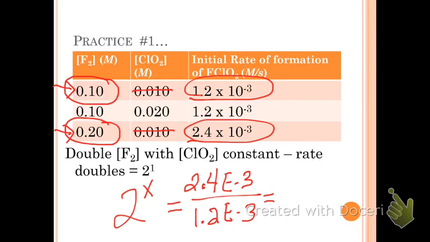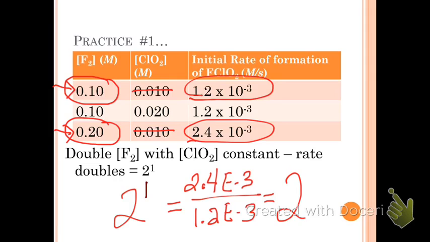And the number I get should be equal to, or can be rounded to, the number 2. And like we said before, any number to the first power is equal to itself. So that's 2 to the 1.